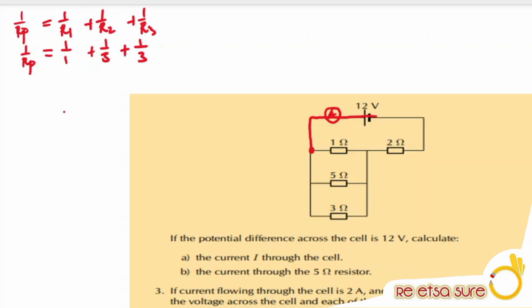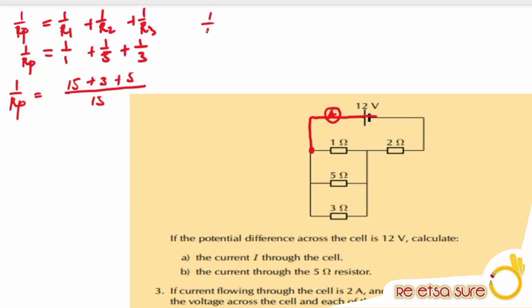And then when you put that in your calculator, you will get something like this. Let me use my old mathematics. I will say our LCM here must be 15. 1 goes 15 times, multiply by 1, 15, plus 5 goes how many times? 3 times, multiply by 1, 3, plus 3 goes how many times? 5 times, multiply by 1 is 5.